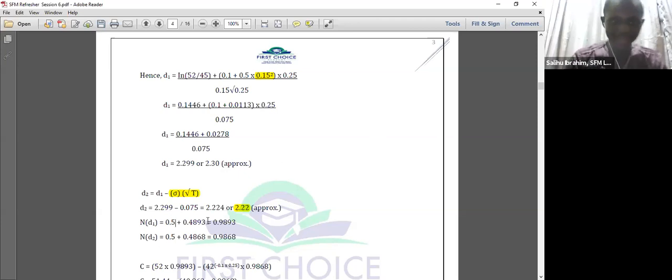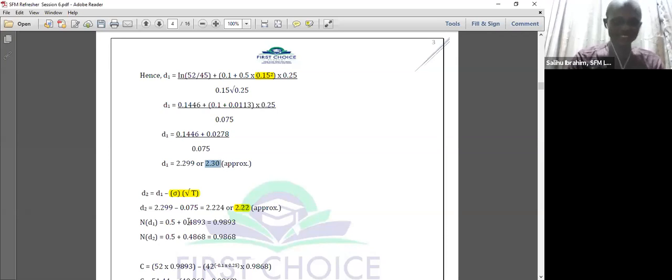Now, after you have put your 0.5 here, the next thing you need to do is look at your value of D1. Is it positive or negative? It's positive. If it is positive, put plus here. Go to the value of your D2. Is it positive or negative?